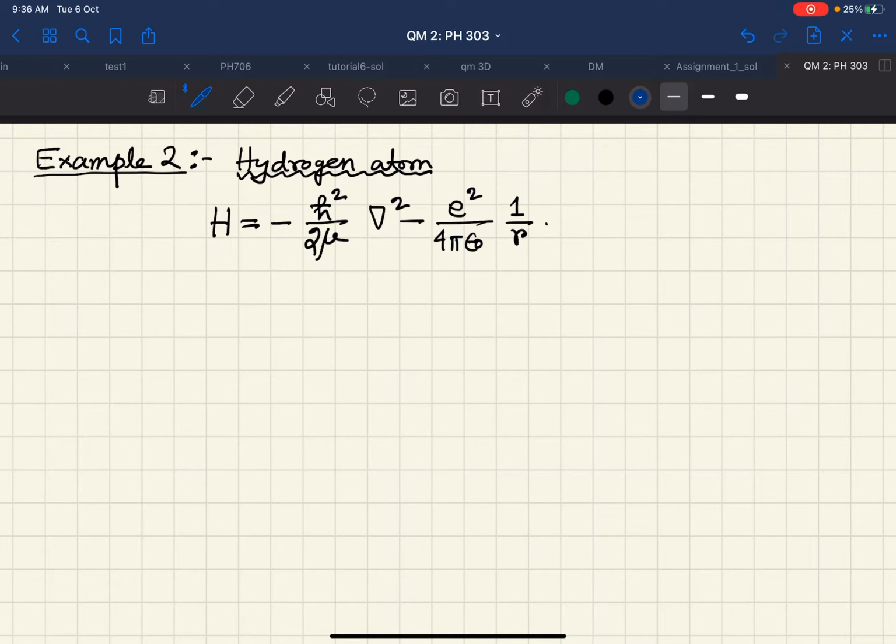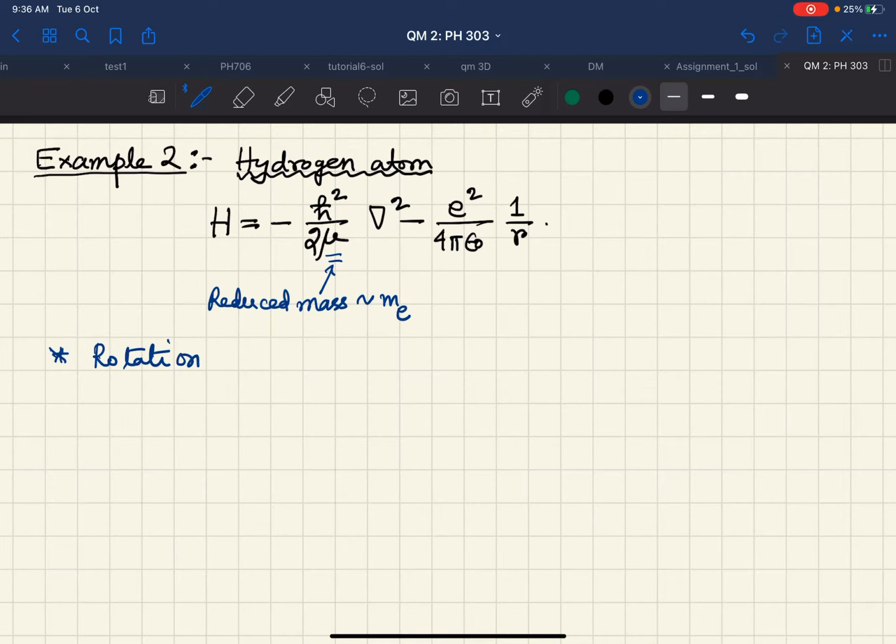In this expression, mu is the reduced mass of the system, but as we have said many times, the proton is extremely heavy, therefore the reduced mass of the system can be thought of as equivalent to the mass of the electron only. Now, the first thing that we should note about this problem is that rotation is a symmetry here.